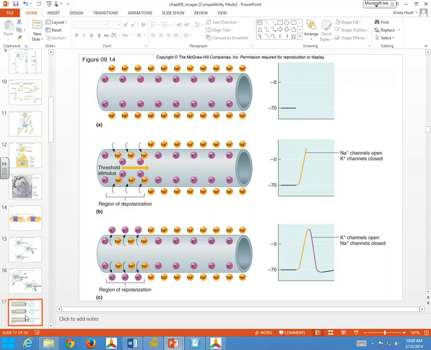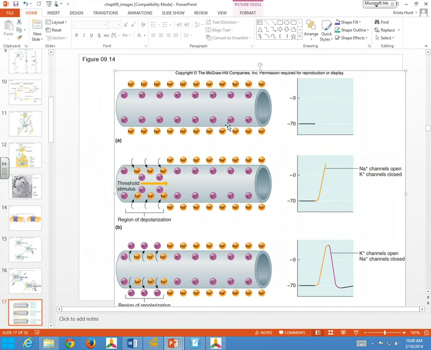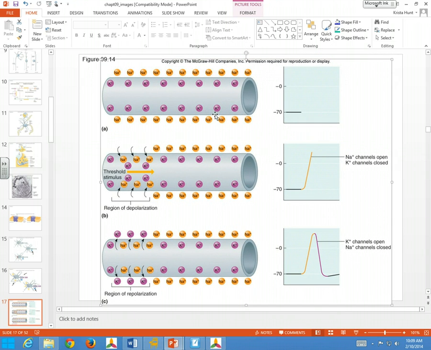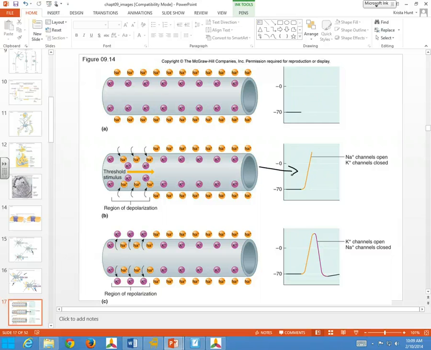And you can see here that depolarizes this whole thing, right? It takes it from minus 70 and moves it up into the positive numbers, positive 20 or so. You're getting more positives inside, where it used to be the positives were outside, right? We're moving all these positives inside. And that is that depolarization.